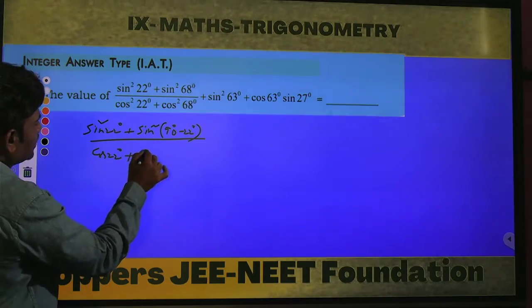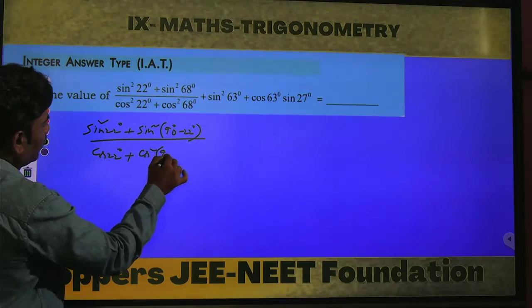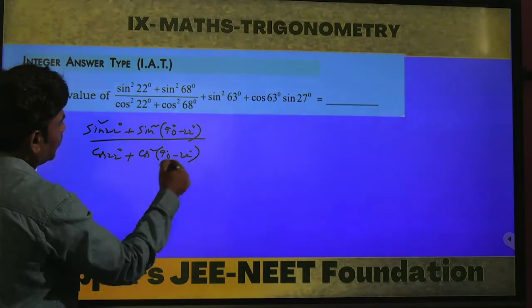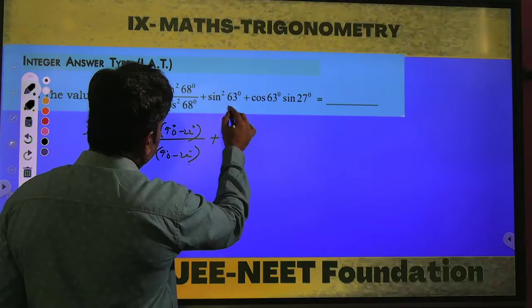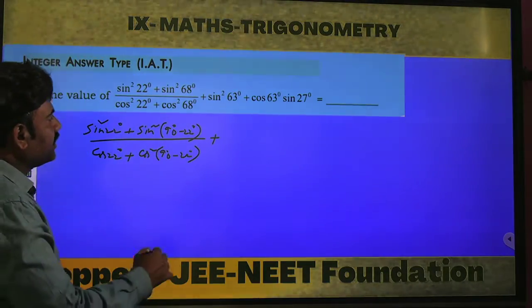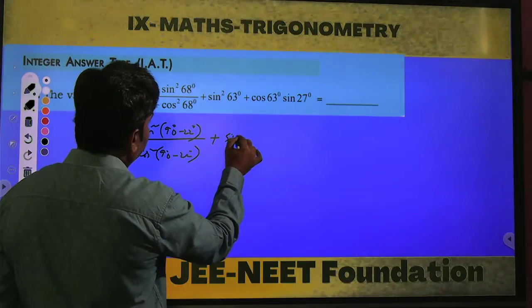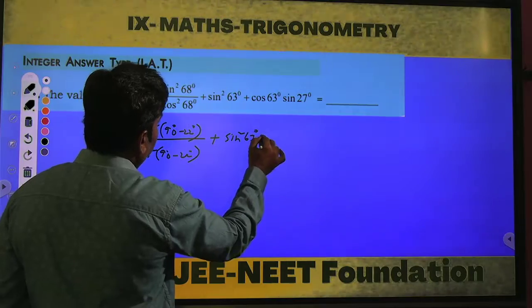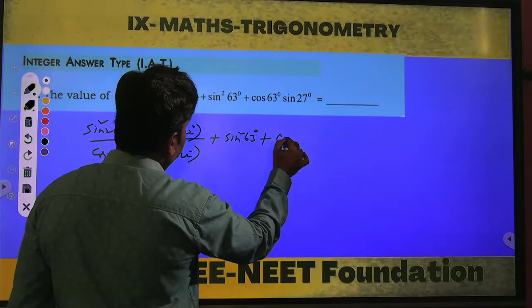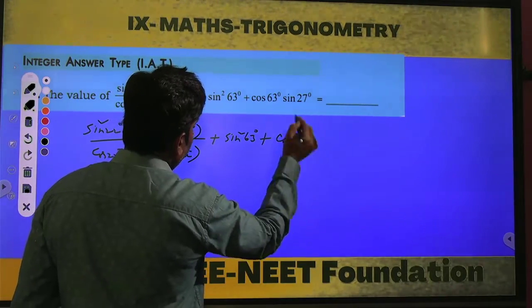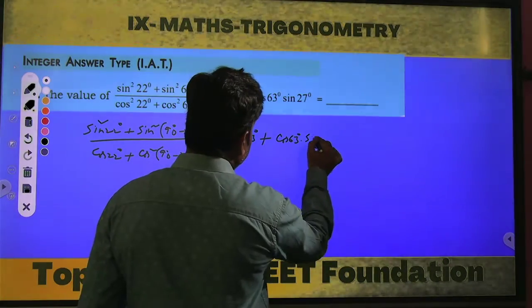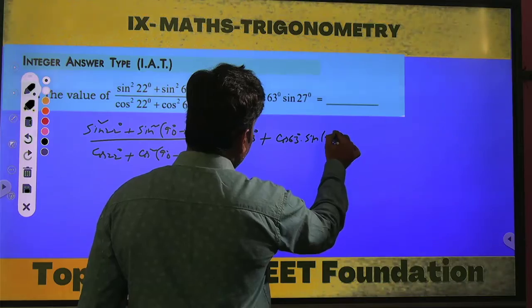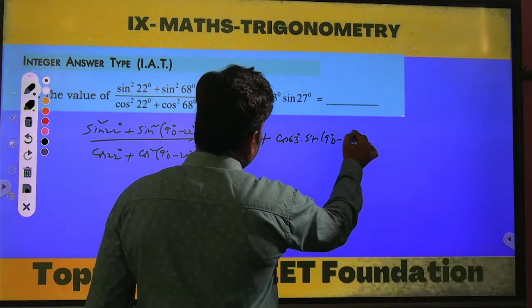Instead of cos square 68 degrees, we write cos square of (90 degrees minus 22 degrees), plus sin square 63 degrees plus cos 63 degrees into sin 27 degrees. Sin 27 degrees can be written as sin of (90 degrees minus 63 degrees).